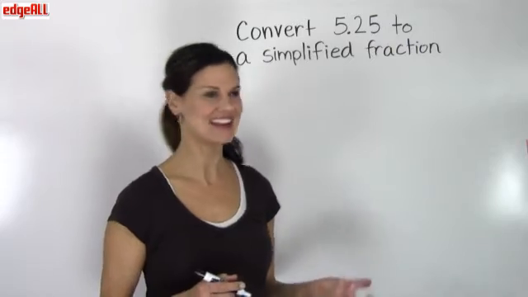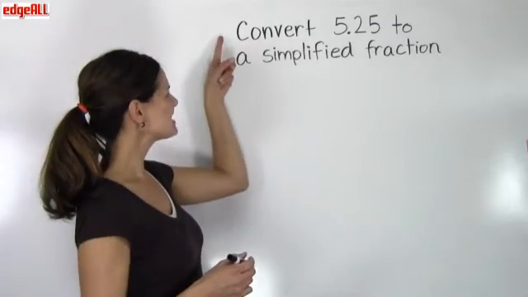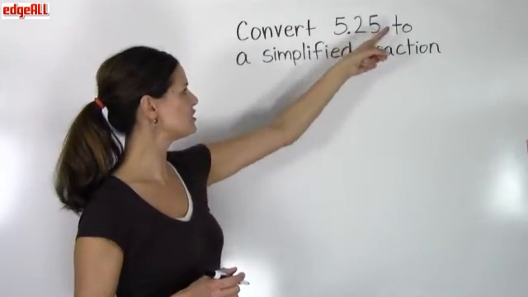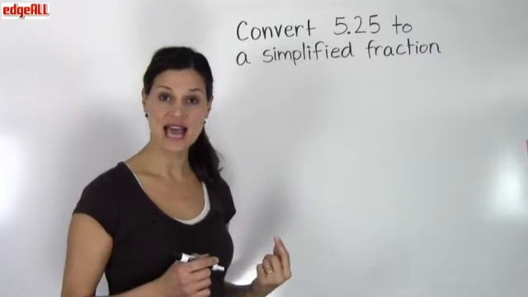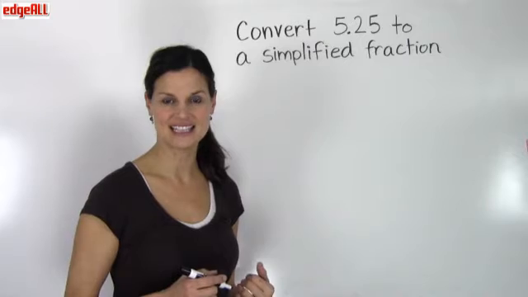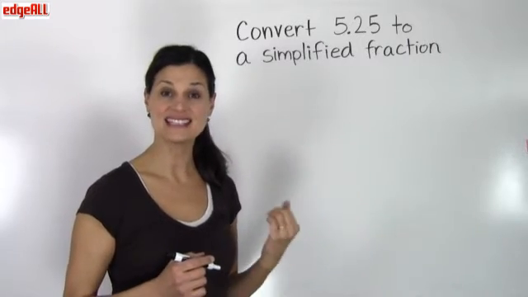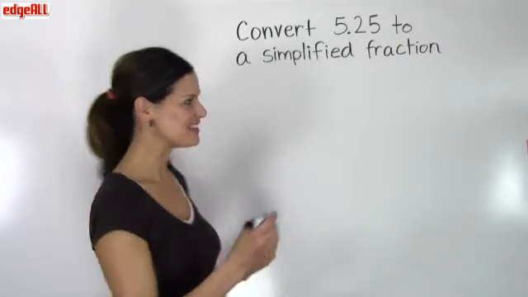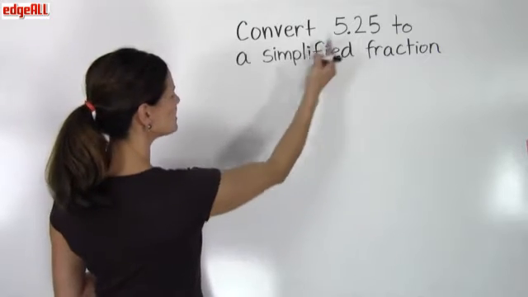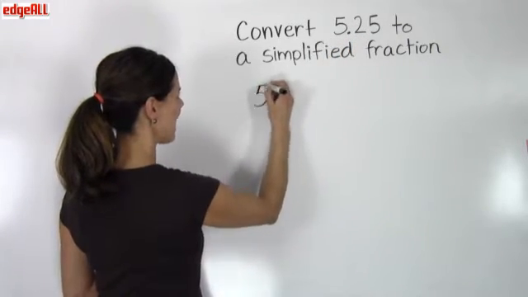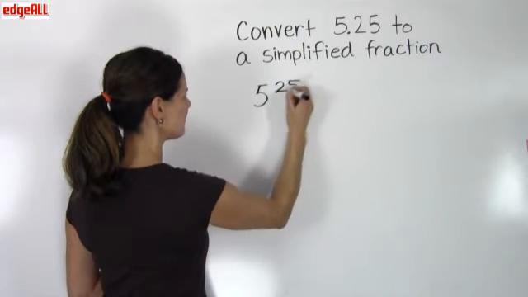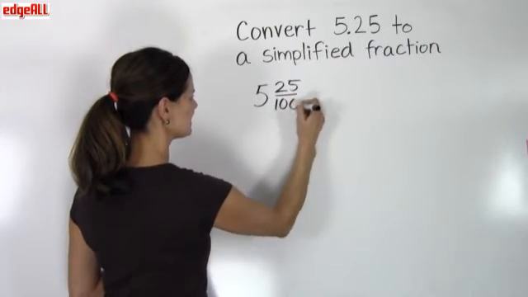Let's take a look at another example. We are asked to convert 5.25 to a simplified fraction. And sometimes the fractional equivalent of a decimal can be simplified. And that's going to be the case in this problem. So 5.25 can be read as 5 and 25 hundredths.